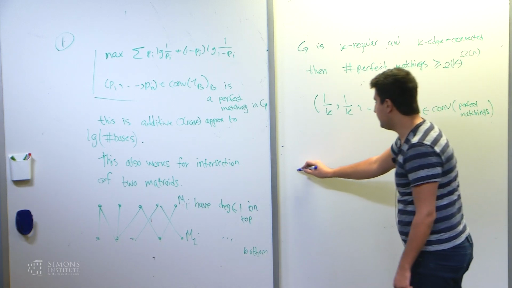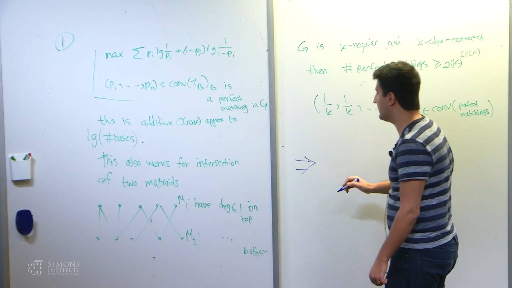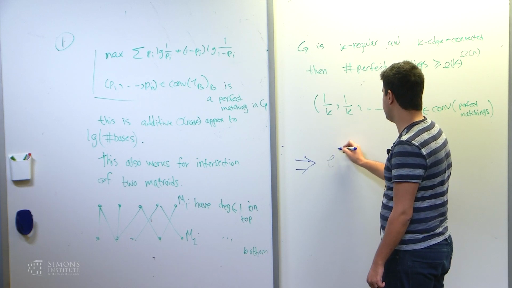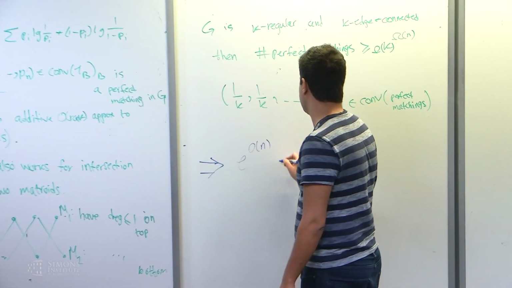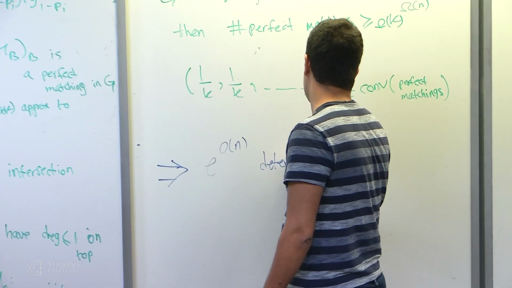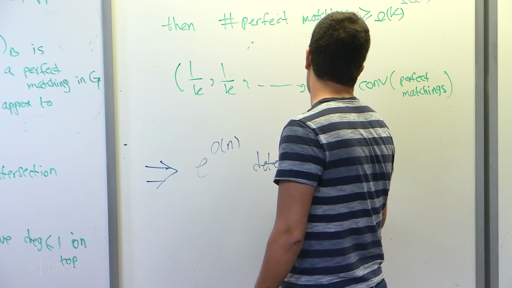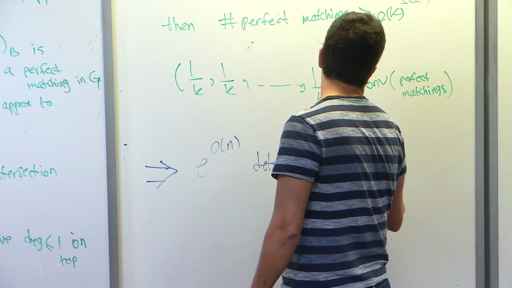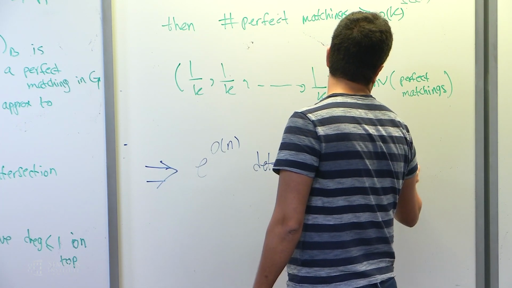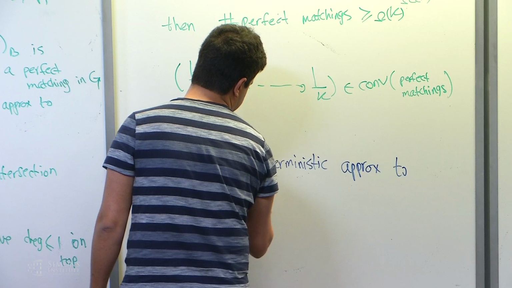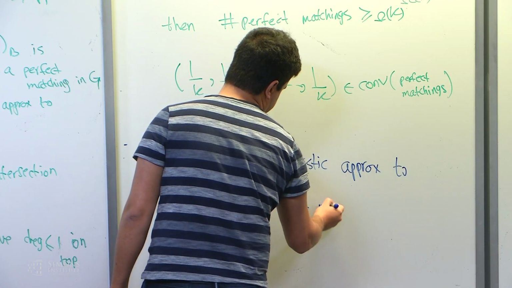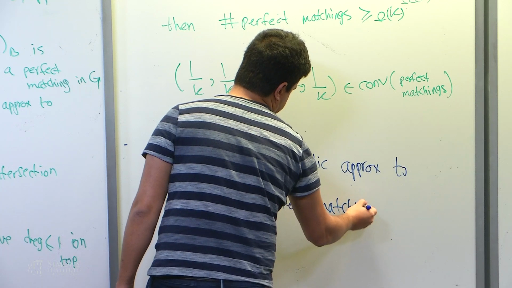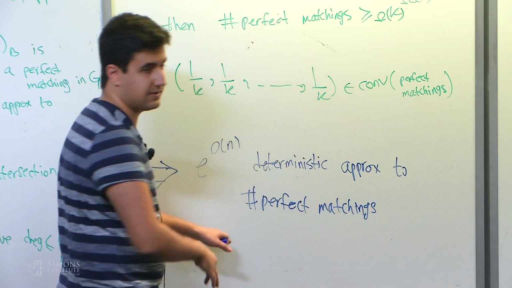The algorithmic implication is that you get an e to the O of n deterministic approximation to the number of perfect matchings, which we currently don't know how to do.